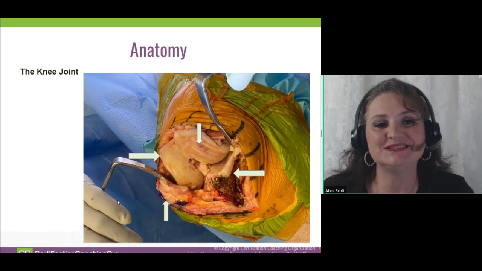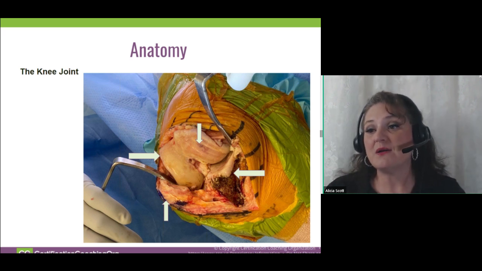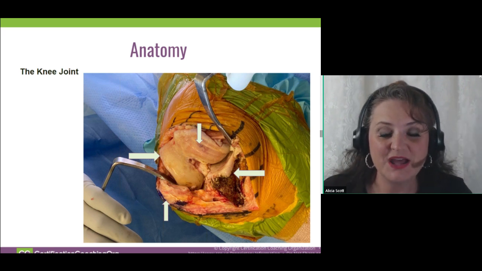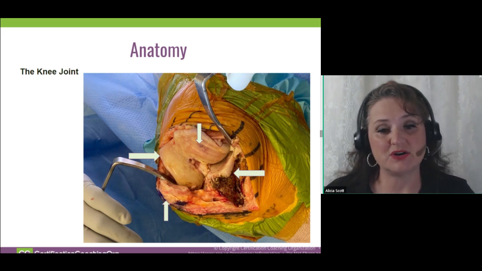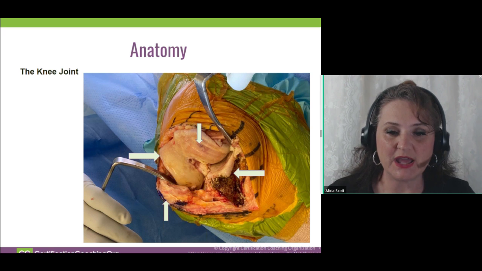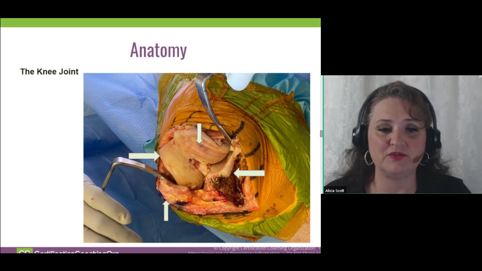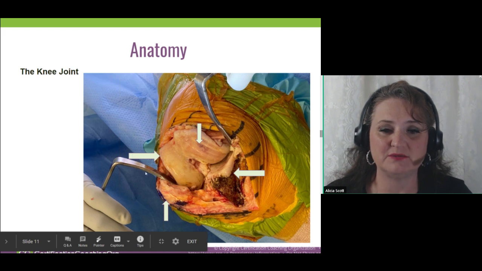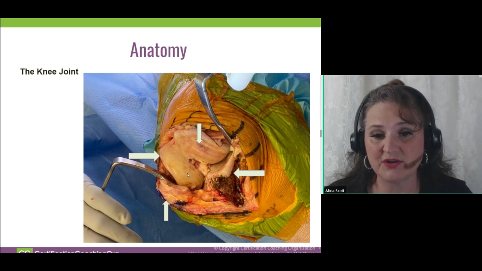So here we get into some pictures that may be hard for you to look at, or maybe not, I don't know. But let's identify. I went ahead and overlaid arrows on this picture so that you could see what we're looking at. The first arrow here, and I don't know if you can see my cursor or not, but I'm going to run my cursor around it, is showing you that's the head of the femur.